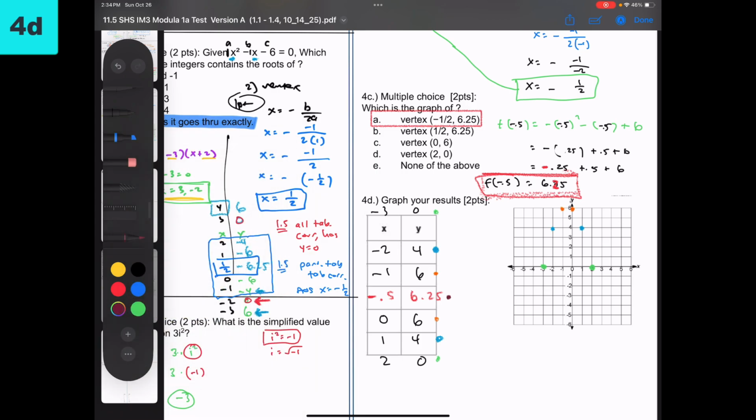And then the vertex -0.5 and 6.25. Okay, some partial credit you could have received is 1 point if one of these is correct, either the table or the graph.